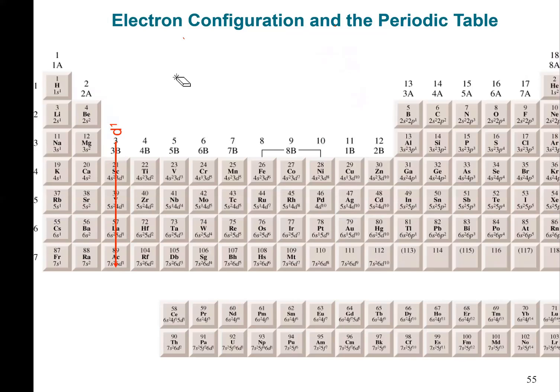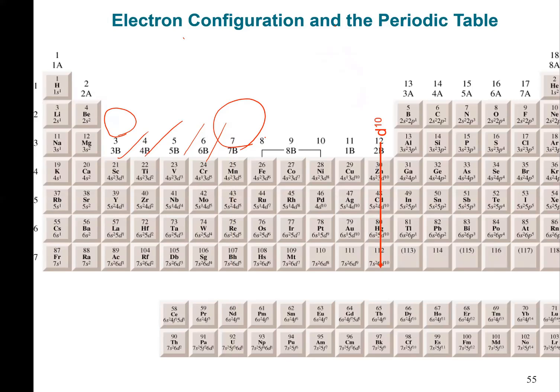So I'm going to go to the next here. This is the first column of transition metals, and it has 1 electron in the d orbital. And if I go to the fifth column, see 1, 2, 3, 4, 5. There are 5 electrons in the d orbital.